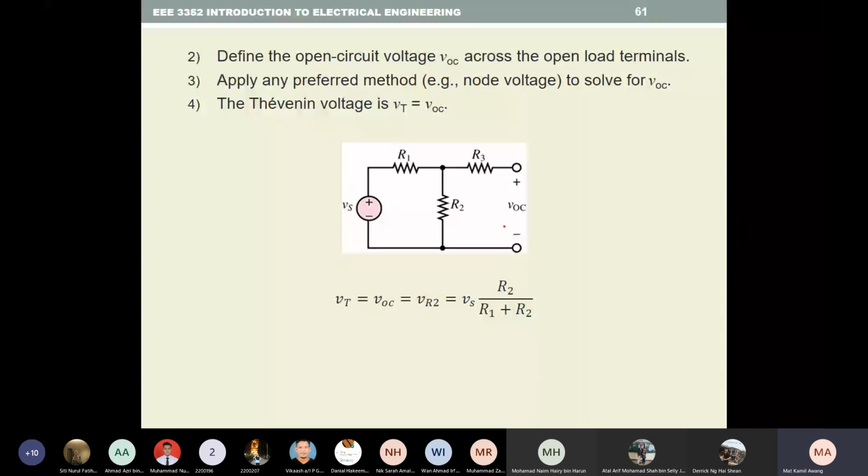So V Thevenin is equal to VOC, which is the voltage across R2, equal to VS times R2 over R1 plus R2. The voltage across R3 is equal to 0 because there is no current flowing. Okay, so that is the V Thevenin for this circuit.